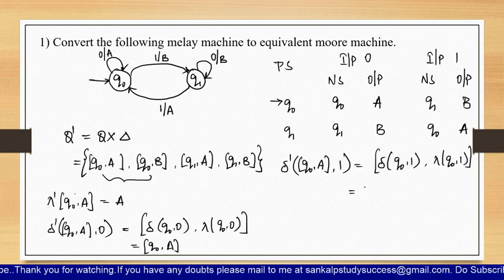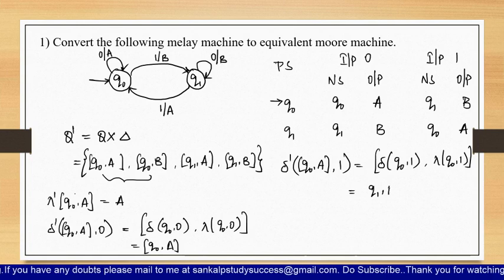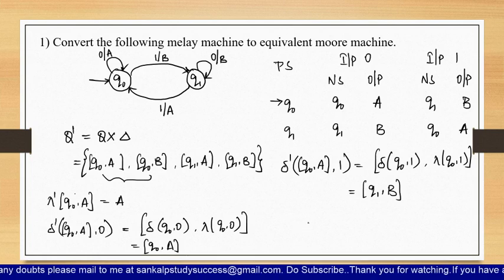Here transition function of (Q0, 1), by applying 1 to Q0 we will get Q1, and the output if you apply 1 to Q0 is nothing but B. So we got another state by applying 1 to (Q0, A), that is (Q1, B).